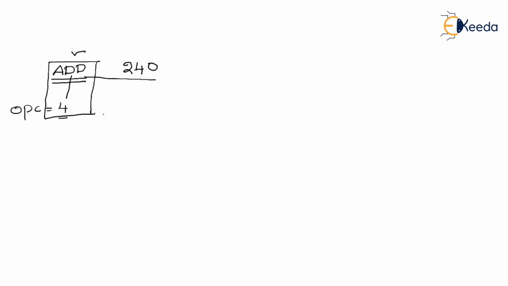So finally, the instruction, if you write it in simple words, is add 240. This add is of 4 bits, and some binary equivalent of 4 bits will be matched to this add. This opcode has an address field within the instruction, and this address field is going to specify a memory address.